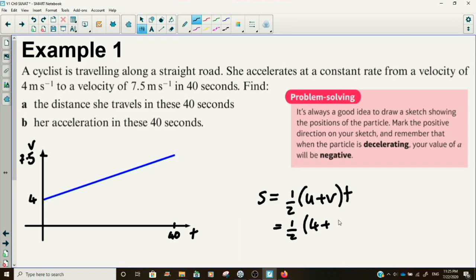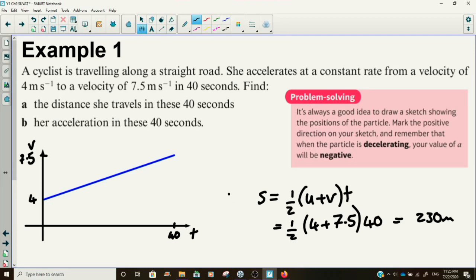Pop in 4, 7.5, and 40 for the time, and that gives us a value of 230 meters. Okay, so that's part A.